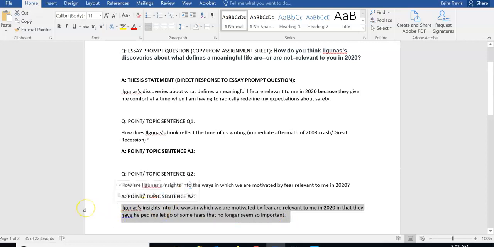Ilgunis's insights into the ways in which we're motivated by fear are relevant to me in 2020 in that, you're probably going to have an "in that" or a "because." They have helped me let go of some of the fears that no longer seem so important. Now, remember in the book, he actually has a lot of frustration or disdain for some of the fears that motivate his parents, like the fear that he won't live in a nice house with an above ground pool.